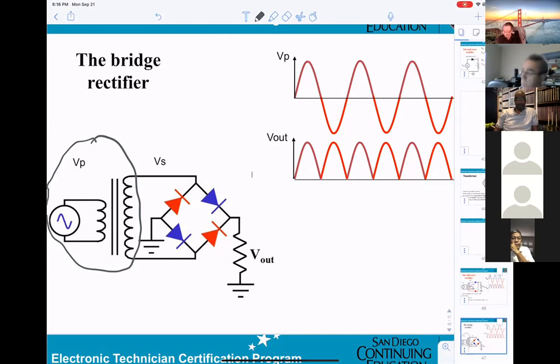They can do the same job, but this bridge rectifier is much cheaper than using a center tap transformer. Normally a normal transformer costs very cheap compared to the center tap, and also a diode may be 25 cents each. So that's why if you're looking into any power supply, they will be using the bridge rectifier. They're not using center tap.